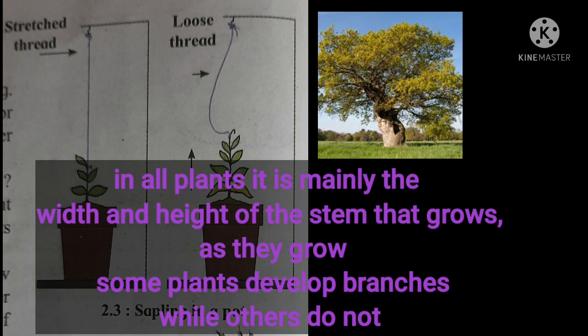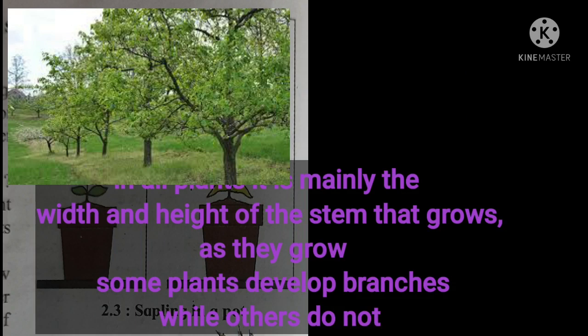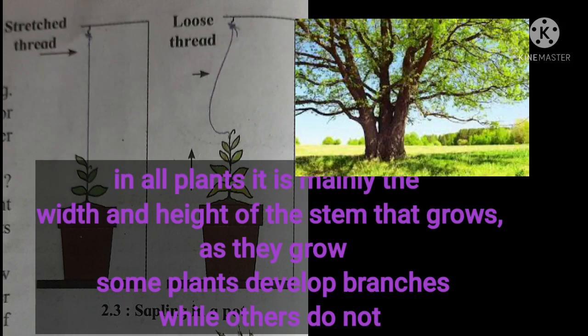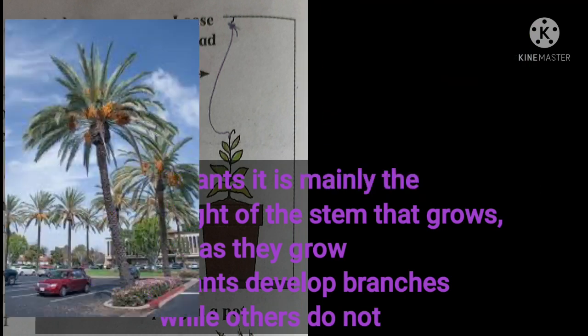When we see the picture, we understand that various branches develop while others do not. These types of plants do not have branches, or have very few branches, but some plants have more branches.